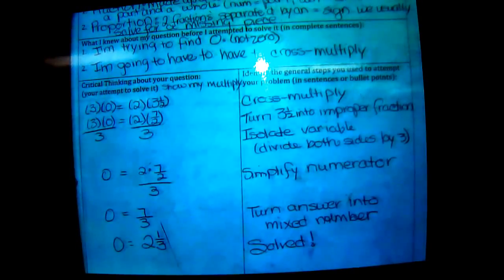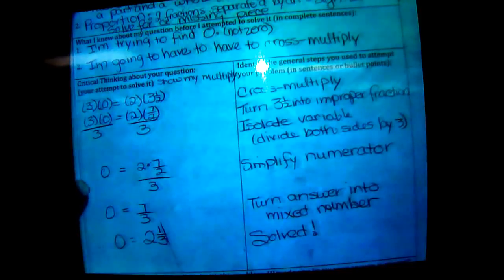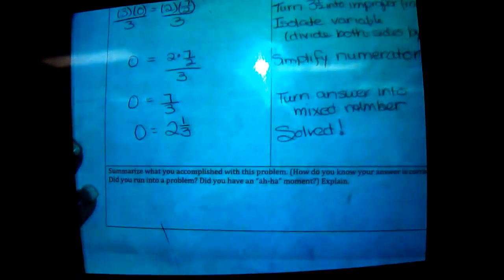Okay. Summarize what you accomplished with this problem. We did the work. What did you discover? I know the reason you picked it was because it had a fraction in a numerator or a denominator. How do you know your answer is correct? Can you figure out how your answer is correct? Do it the opposite way. You can put your answer in.